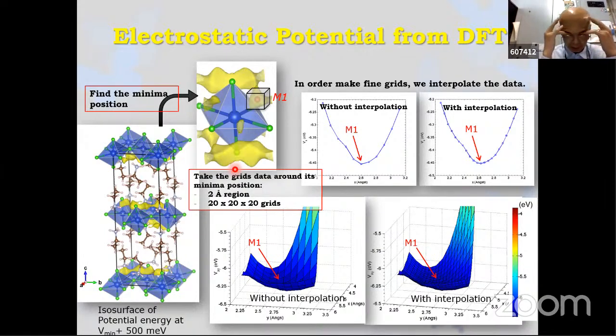I'm not sure whether I talked about the muon charge in my last talk. Basically, the muon has a positive charge. Of course, there is another muon which has a negative charge, but we use the positive muon for material science.